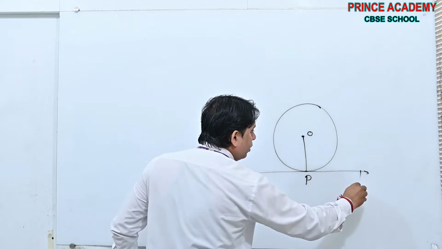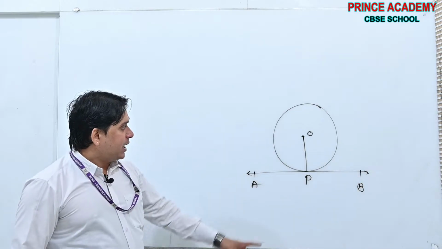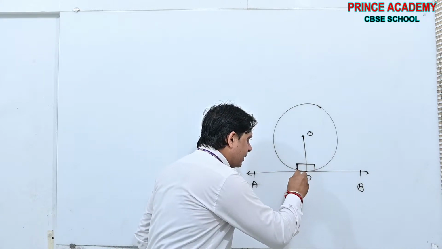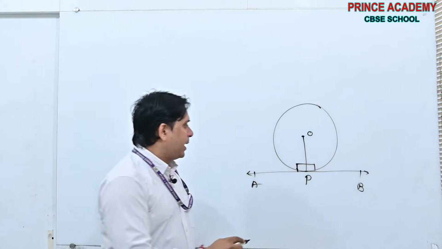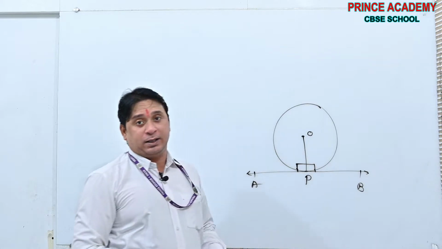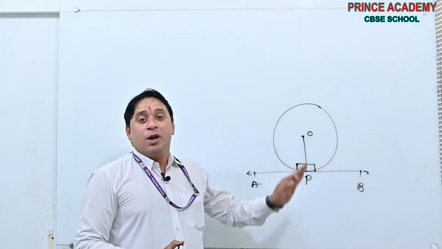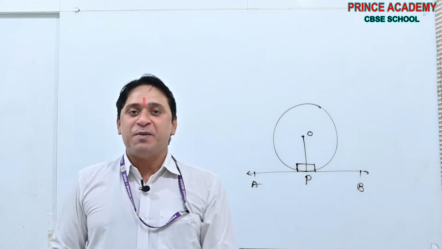Then this radius will be perpendicular to the tangent. The radius will be perpendicular to the tangent. This is the theorem. Very easy, very simple.